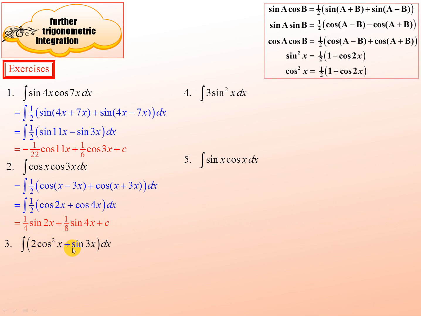Number 3, we're going to separate it into two integrals. I've written that as our expansion there. It's twice cos squared x, so therefore we lose the half. We have 1 plus cos 2x. Now we can integrate each of those separately.